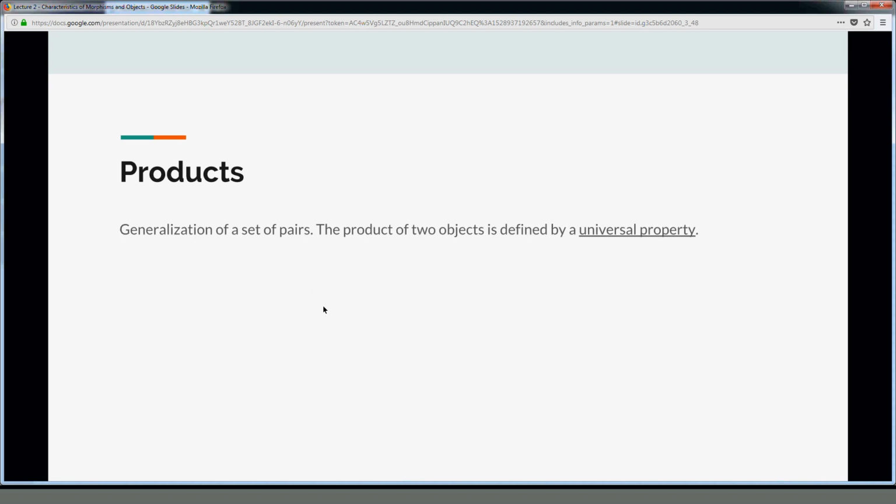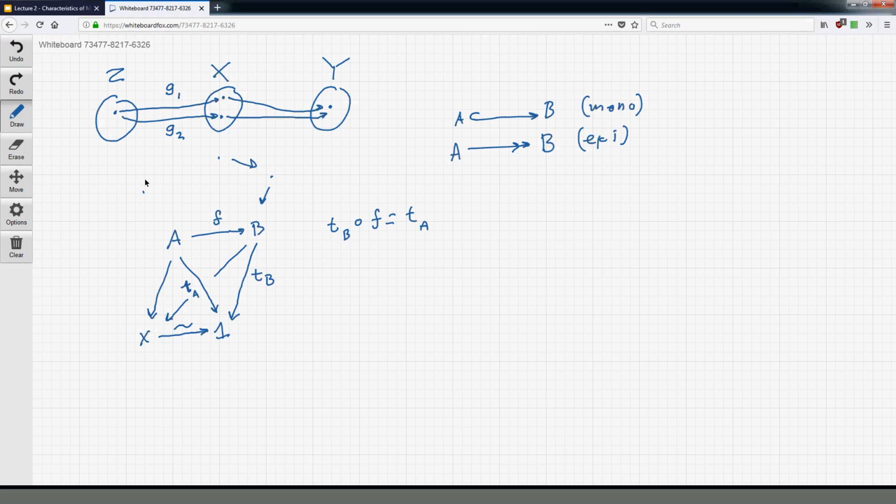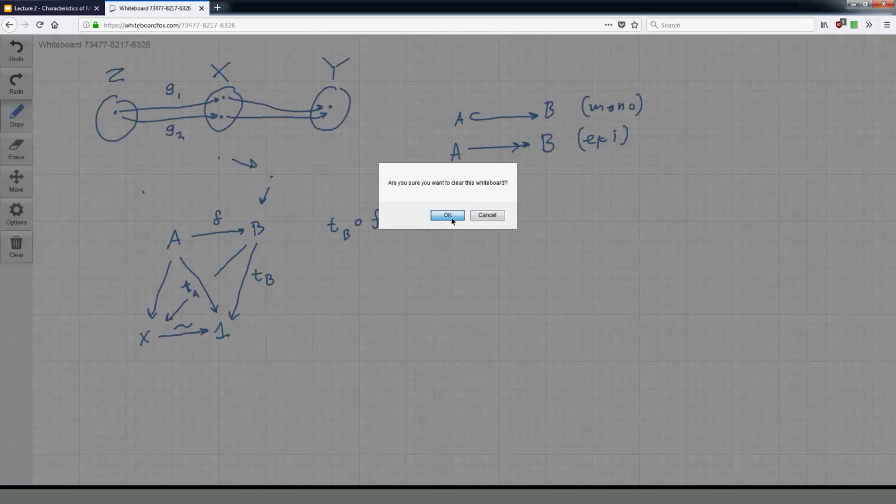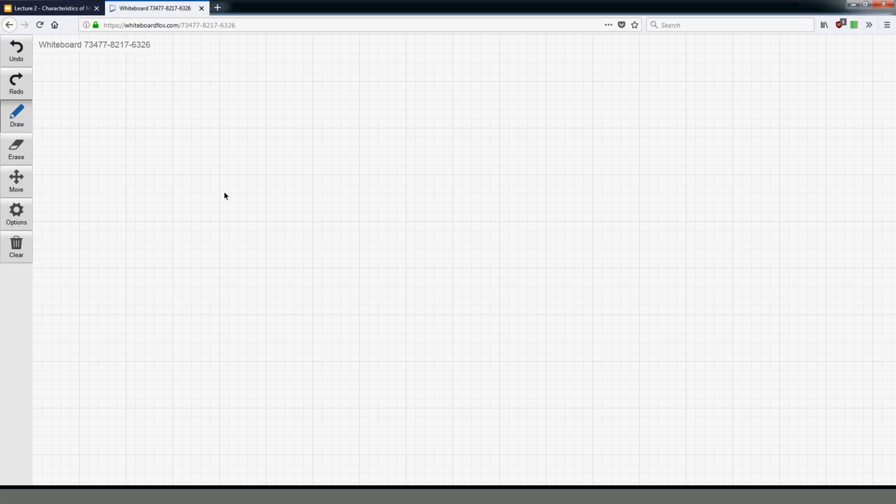So when we're generalizing this, we're going to call upon something called a universal property, and I'll get into that in a second. But here's essentially what the product looks like. If you have any two objects, A and B, in our category, we're going to write it as A times B.